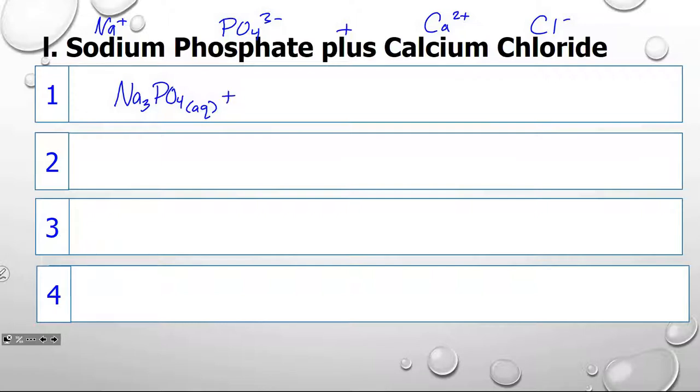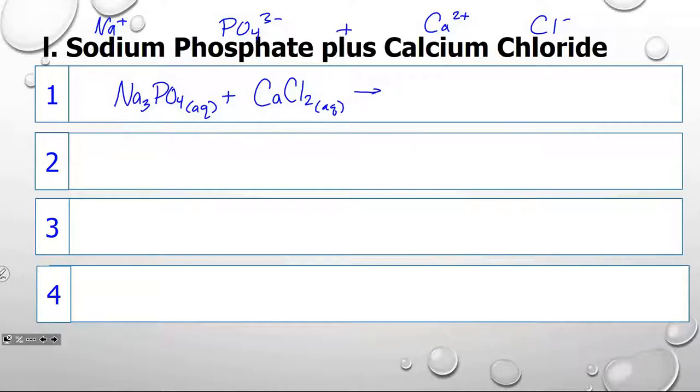Plus calcium and chlorine. So calcium is Ca. Chlorine, we need 2 of those, so CaCl2. This one fits under group 17, and group 17 compounds are only not soluble when they're with lead, silver, and mercury. So this one's okay. It's not the Castor Bear. Castor Bear is only with sulfates. Okay, so this one is aq.